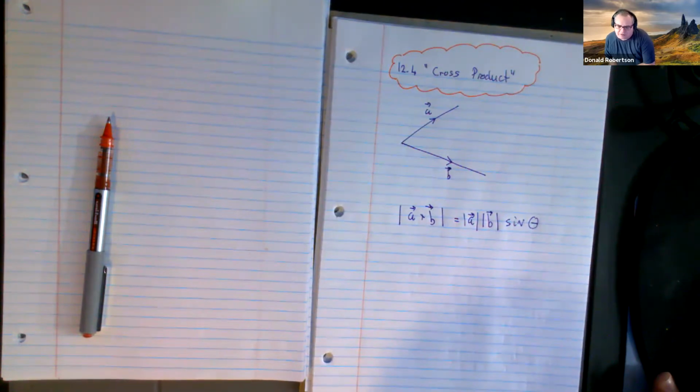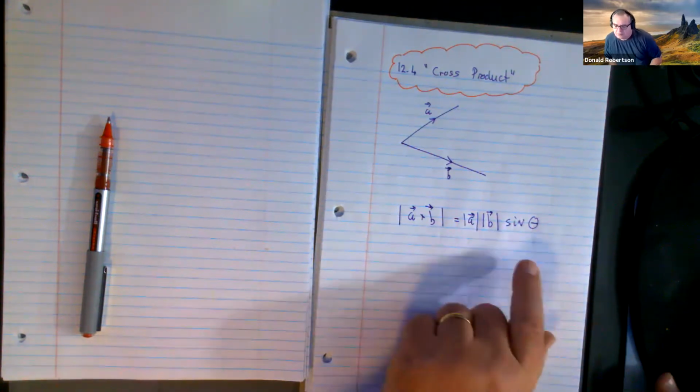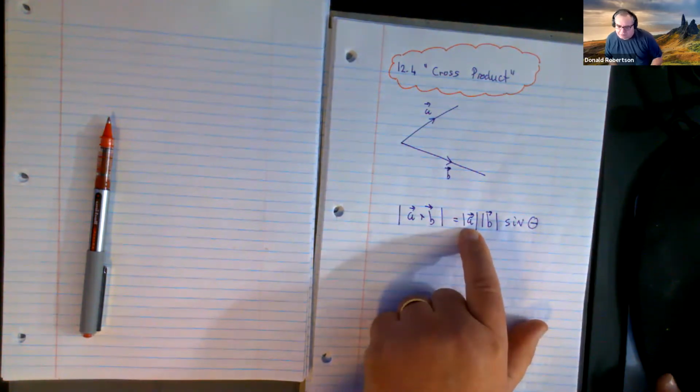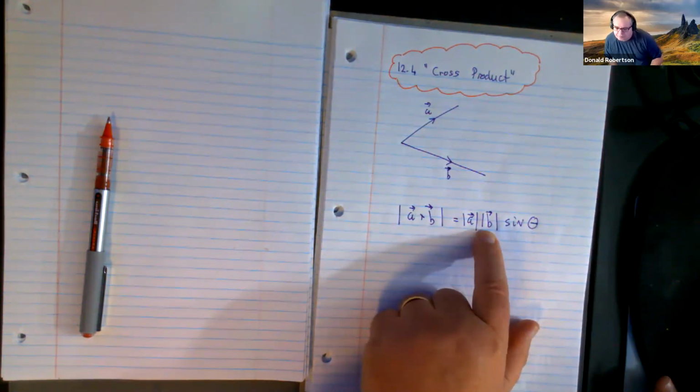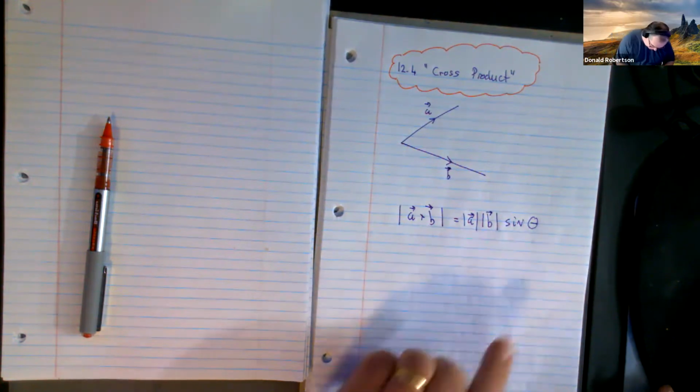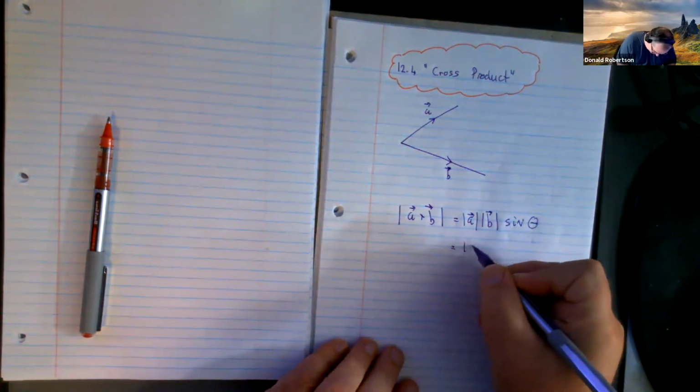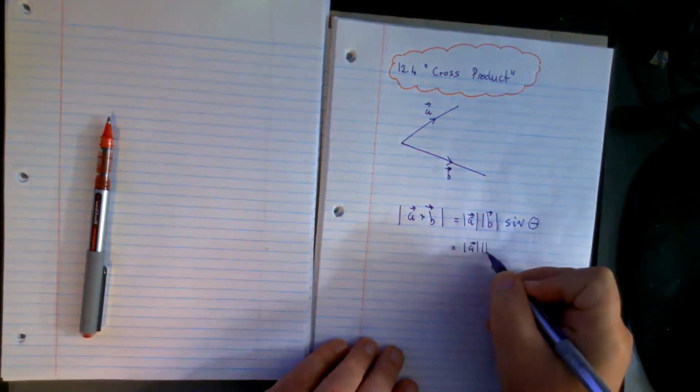Does that look sort of similar to something that you saw earlier in the week? What's the magnitude of A times the magnitude of B times the cosine of theta? Dot product. Right.